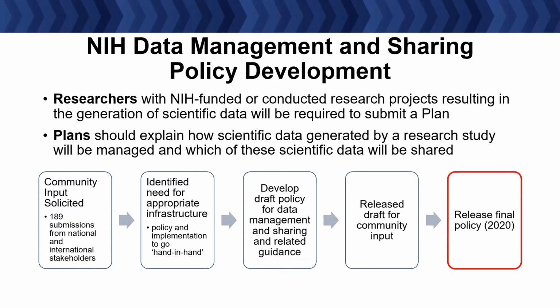Now, it may not be scored, but it may be reviewed by your review committee. These plans should explain how you as a scientist will share and manage the data that is a result of your work. Not all data needs to be shared. Certainly that's going to be the case, but the data that you do intend to share, you need to tell us how you're going to share that.